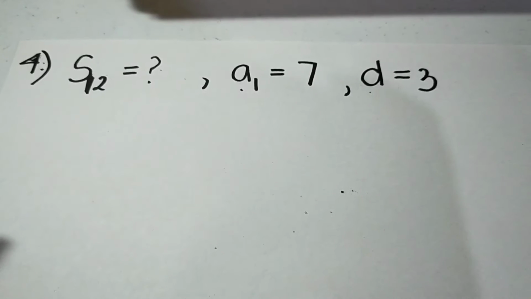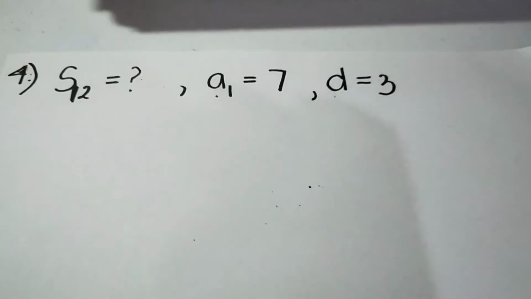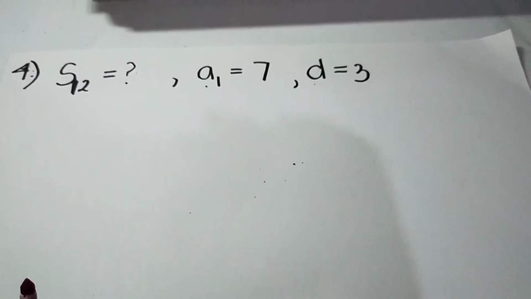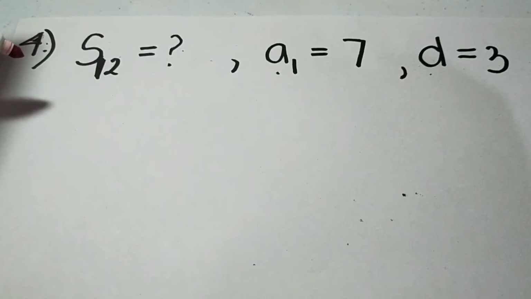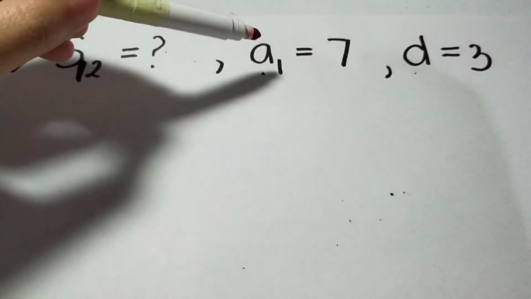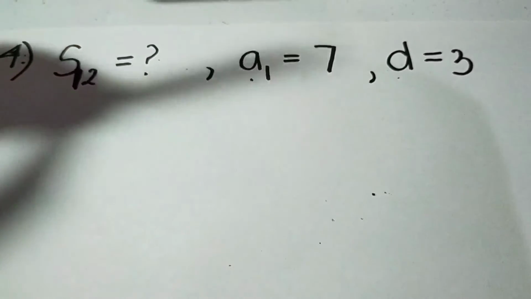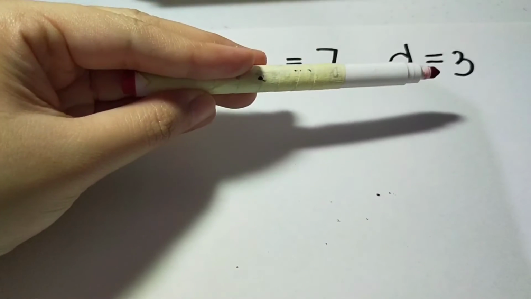Sa fourth example naman tayo. Pwede niyong i-pause ito para makapag-try kayong mag-solve sa ating fourth example. So, S sub 12 is our missing, and our given is given na yung first term which is 7 and the common difference is 3.